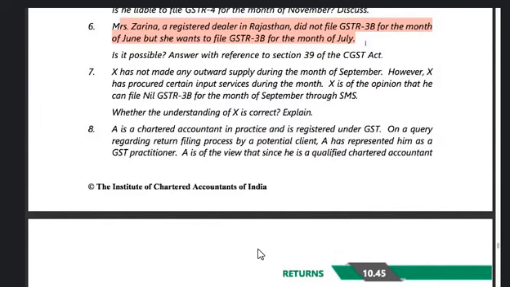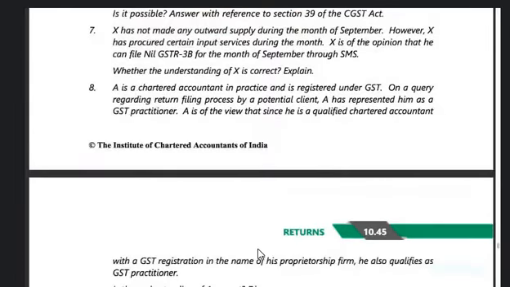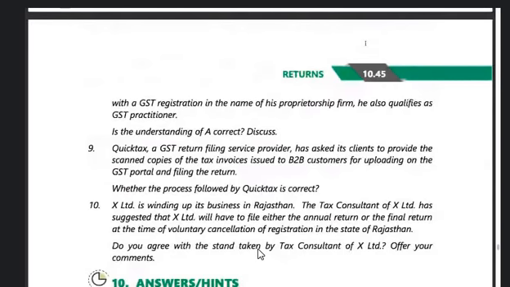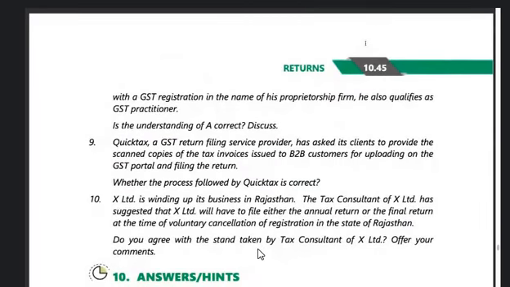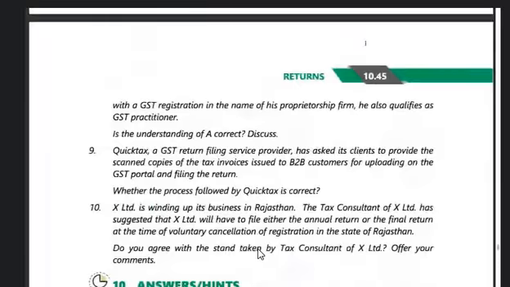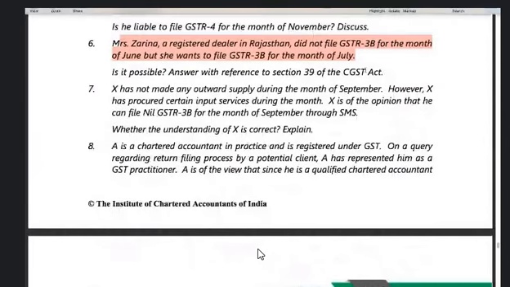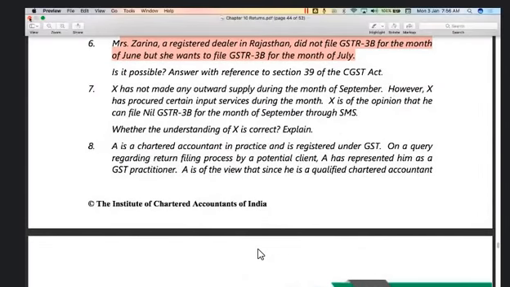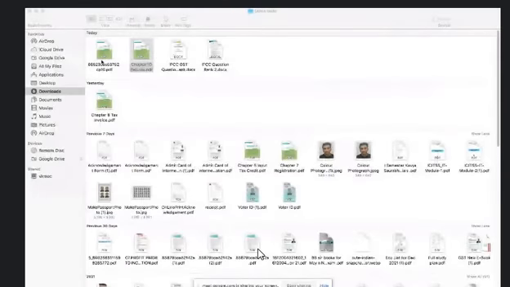So GSTR 3B you can file continuously only. Okay, with this we complete this chapter. We will go to the previous chapter and take the question answers.